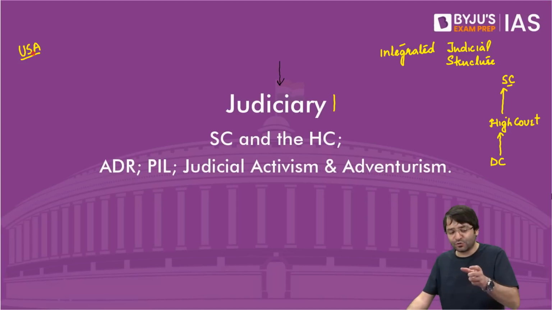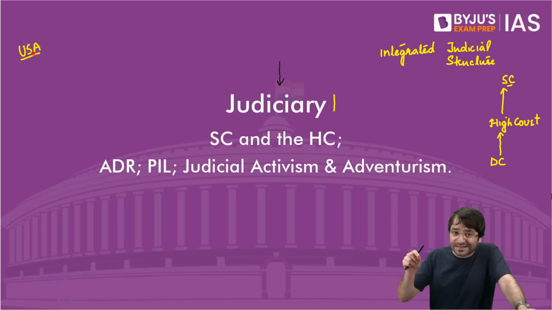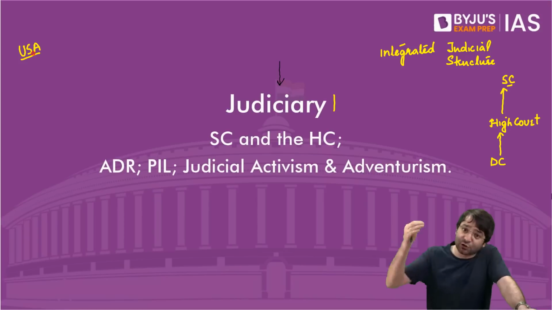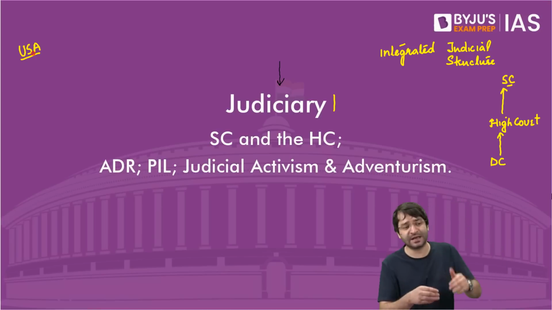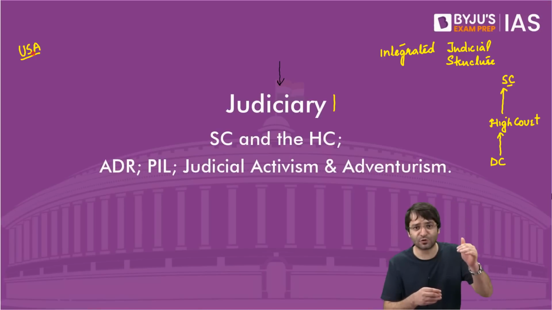But when it comes to the Supreme Court or the conditions of law in United States, you file a case in a state, for example, Chicago, for example, Michigan, for example, Illinois. Every state has its own Supreme Court. And all the cases end at the Supreme Court of that state.